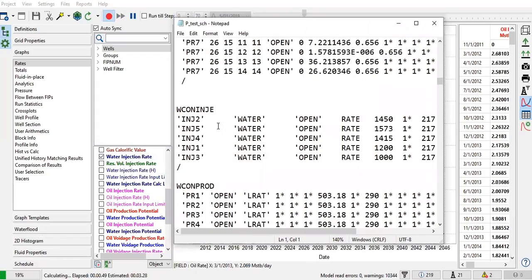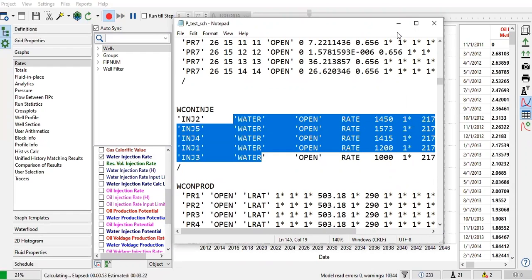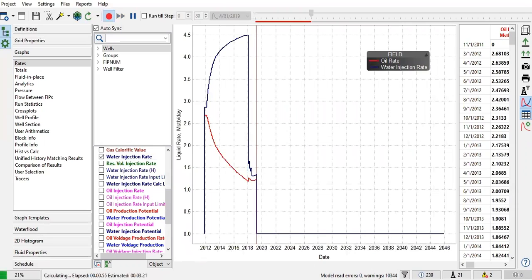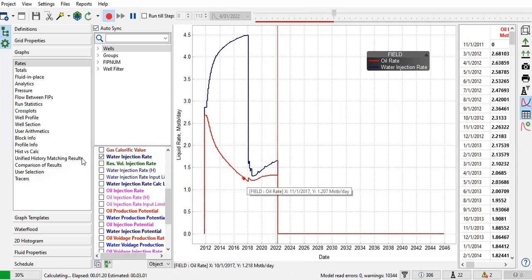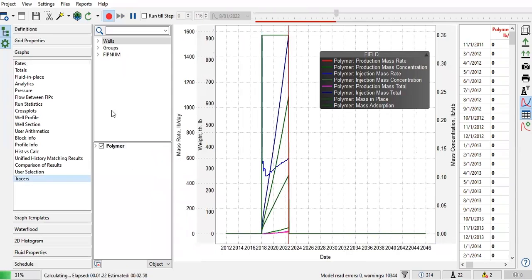Open, and then here. So the polymer will be considered in the water phase. Here we are looking at the production and then the water injection profile. And then we can also check the tracer, or maybe here we can see increase.